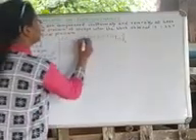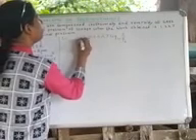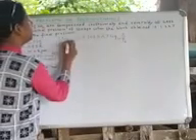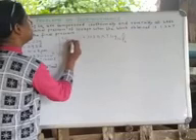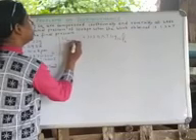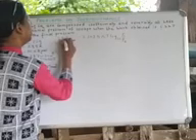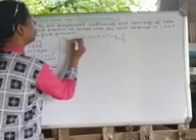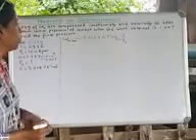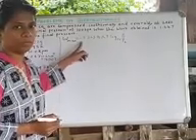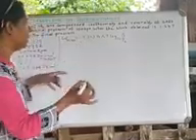Okay, so the formula I have written on the blackboard for W max is minus 2.303 nRT log to the base 10 of P1 by P2. Now let us substitute the values whatever are given.